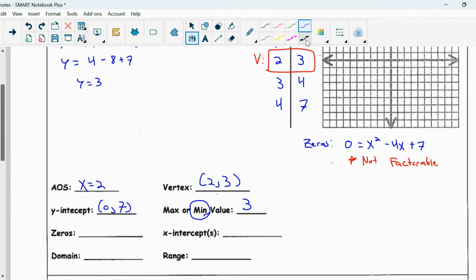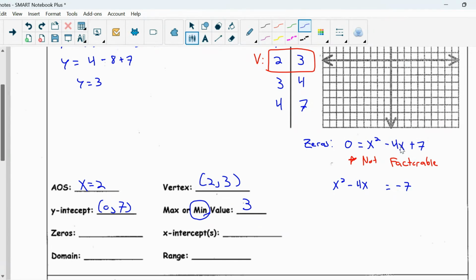So I think for this, completing the square would be an effective method for solving. To complete the square, you have to start by subtracting your c value to the other side. So that leaves us with x squared minus 4x, we'll leave a blank here, equals negative 7.